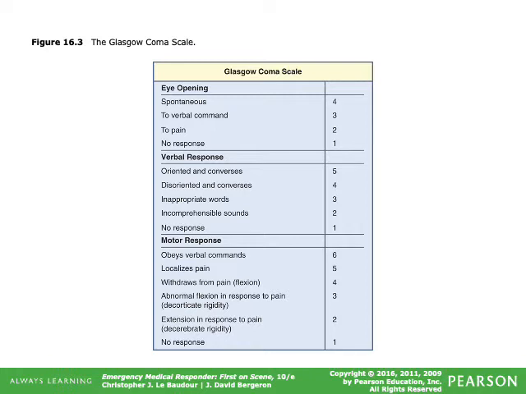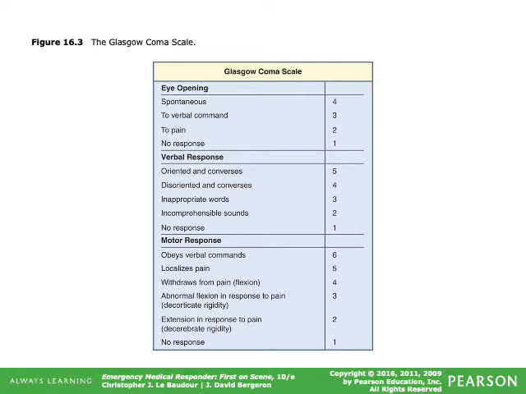If you have abnormal flexion in response to pain, which is decorticate rigidity, you're going to get a 3. If you have extension in response to pain, which is decerebrate rigidity, you're going to get a 2. If you have no response, you're going to get a 1.